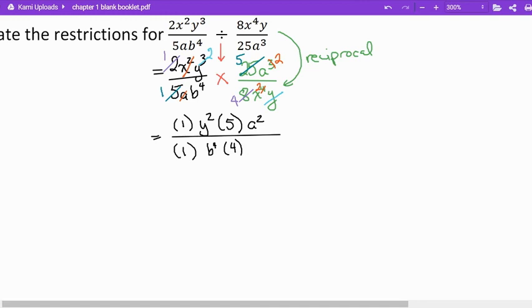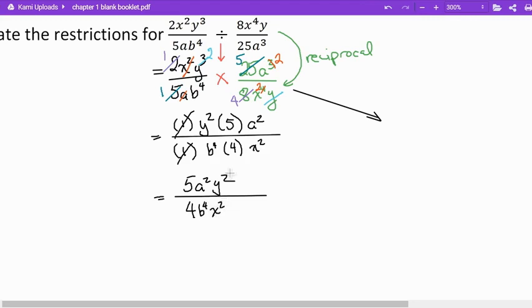I have 4. I have x squared. And so 5a squared y squared over 4 b to the power of 4 x squared.